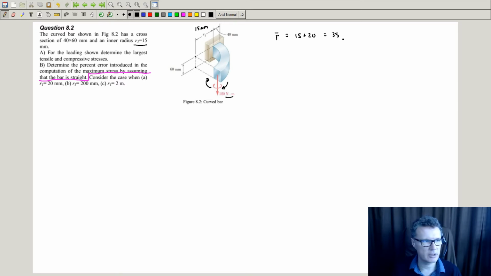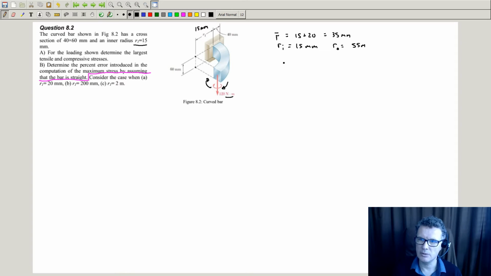So we've got a centroid at 35 millimeters. The R values that we're interested in is the inner, so that'd be 15 millimeters, and the outer, so that'd be 15 plus 40, 55 millimeters. So the inner one should be in compression and the outer one should be in tension.